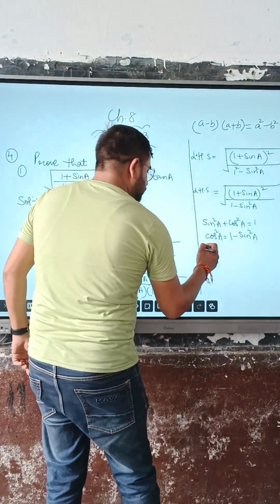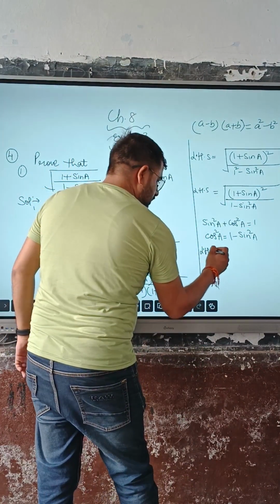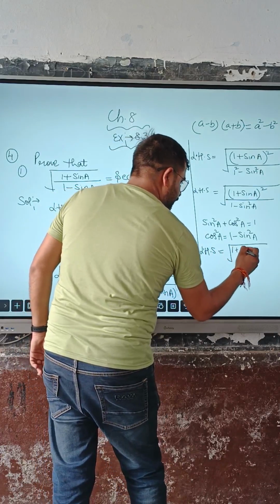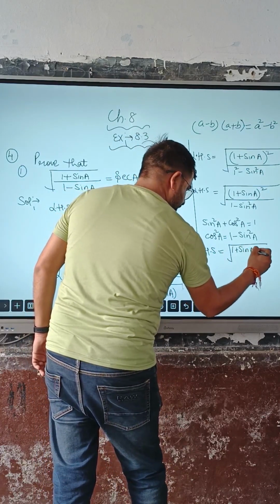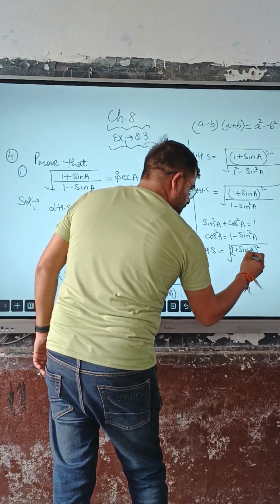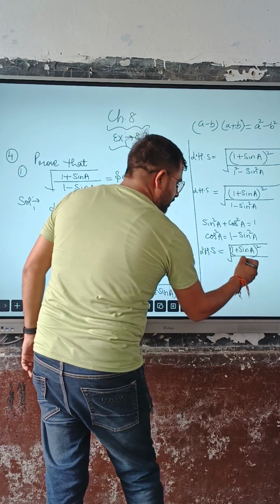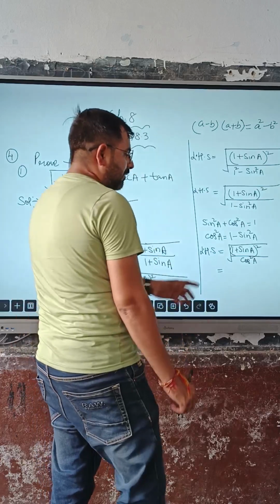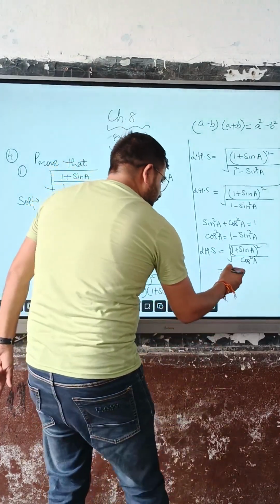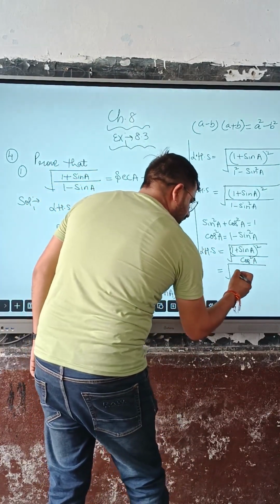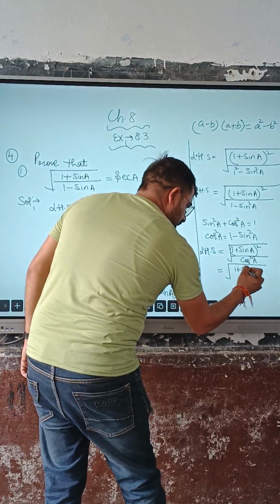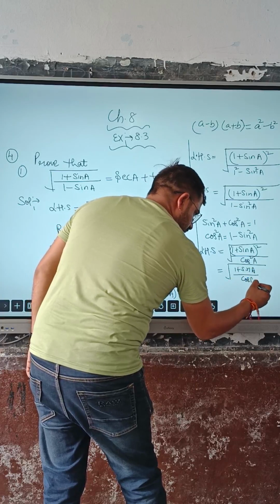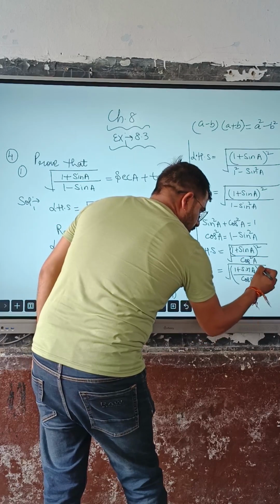So we can use this step. 1 minus sin square is cos square. Now both have the square, so we can write it as 1 plus sin a over cos a whole square.